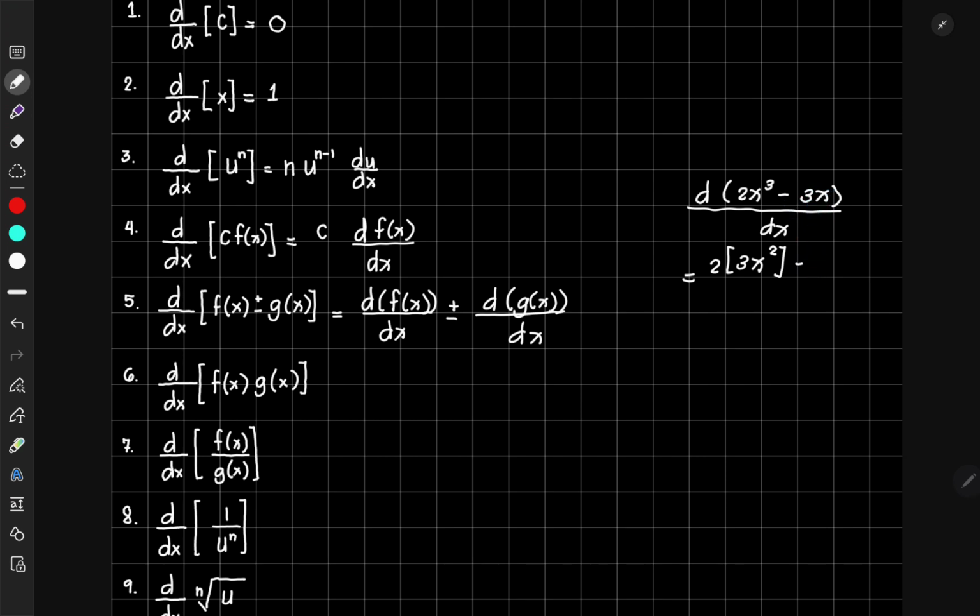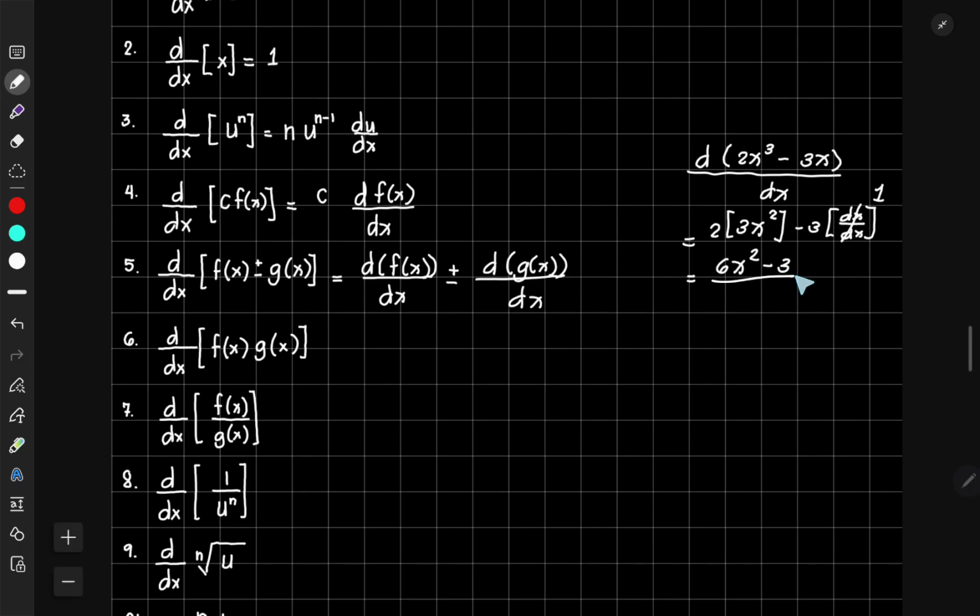Again, bring out yung 3. And then, getting the derivative of x, which is dx with respect to x. So, this is 1. So, this is equal to 6x squared minus 3. And yan yung derivative for this example.